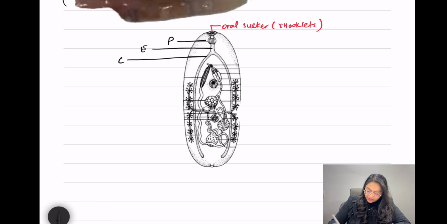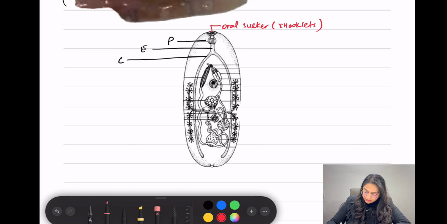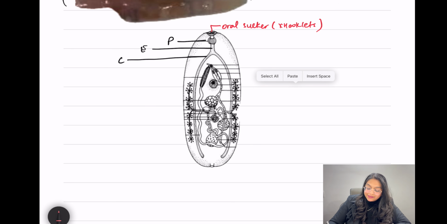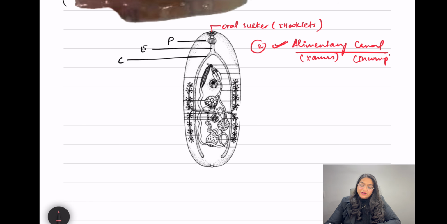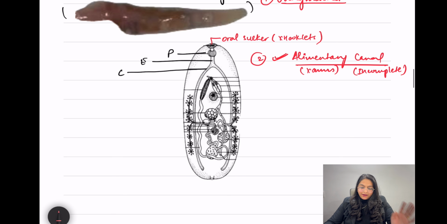So I can know number 2, that there is an alimentary canal. Okay. But what do I not see? There is no anus. So this alimentary canal is incomplete. So it is an unsegmented, leaf-like, incomplete alimentary canal.